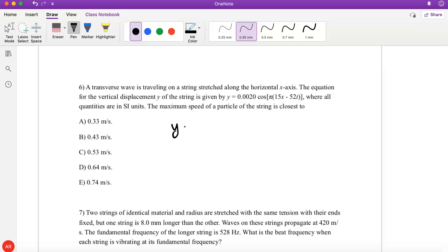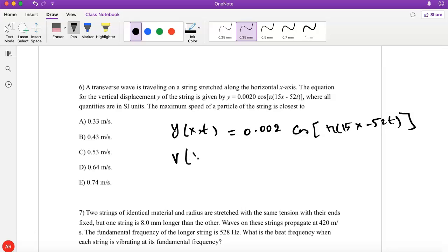So let's say y of x and t is 2 cosine pi 15x minus 52t. And then v, the velocity at x and t, is the derivative of this with respect to time.